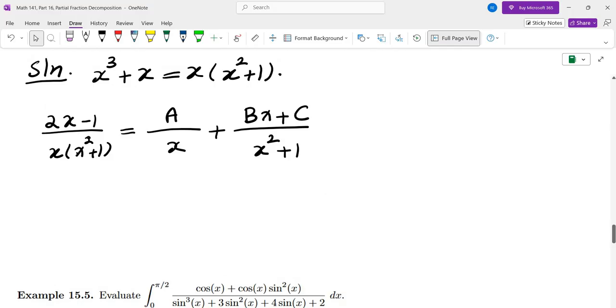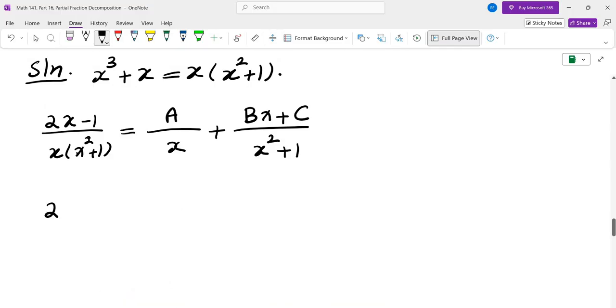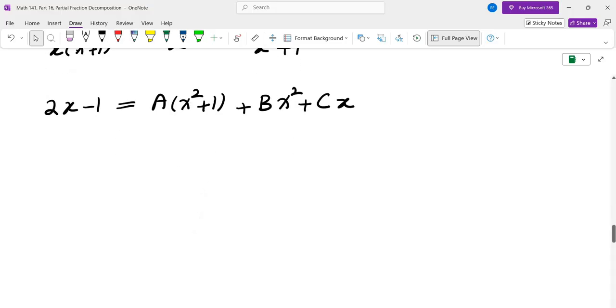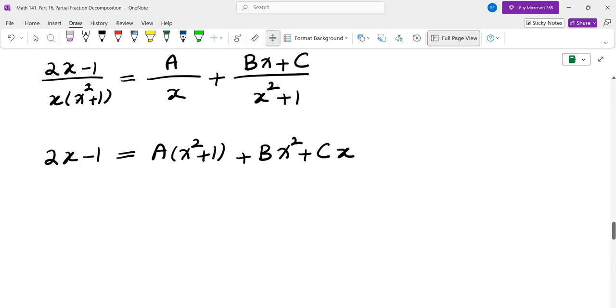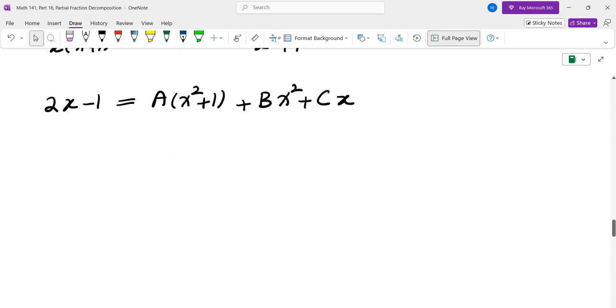So after we clear the denominators, which is going to be a very similar process to what we did before, we get 2x minus 1 on the left. We get a times x squared plus 1 plus b x squared plus cx. Now we can use either of those two methods to find a, b, c, but it's probably better to compare the coefficients.